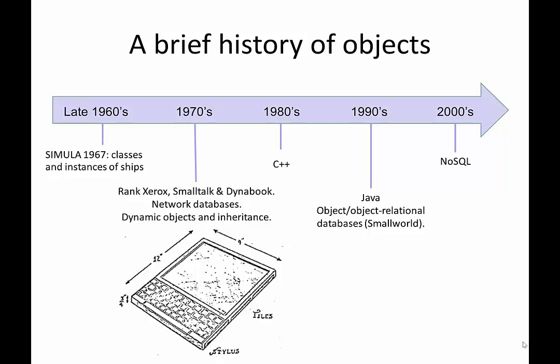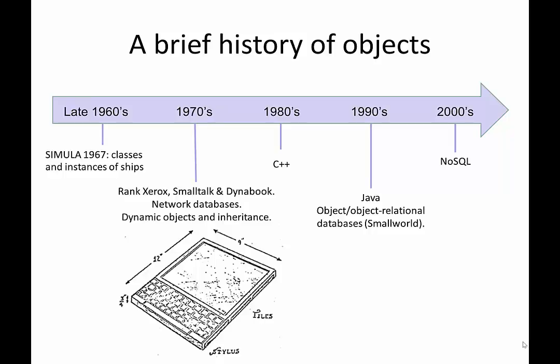The Dynabook only ever existed as a sketch, but they wrote the programming language that was meant to run on it. So Smalltalk was the first generally usable object language. You can see in the 1960s, we just had instances of ships. Things get more complicated as we move through time, unsurprisingly.